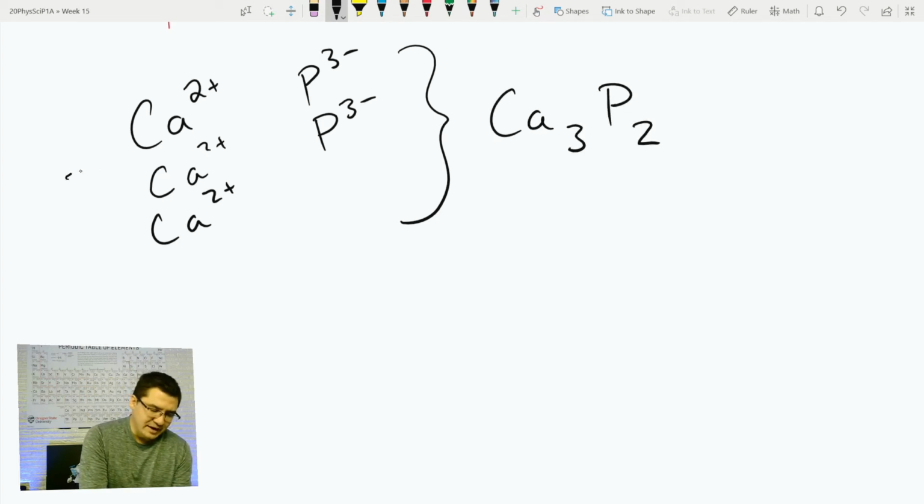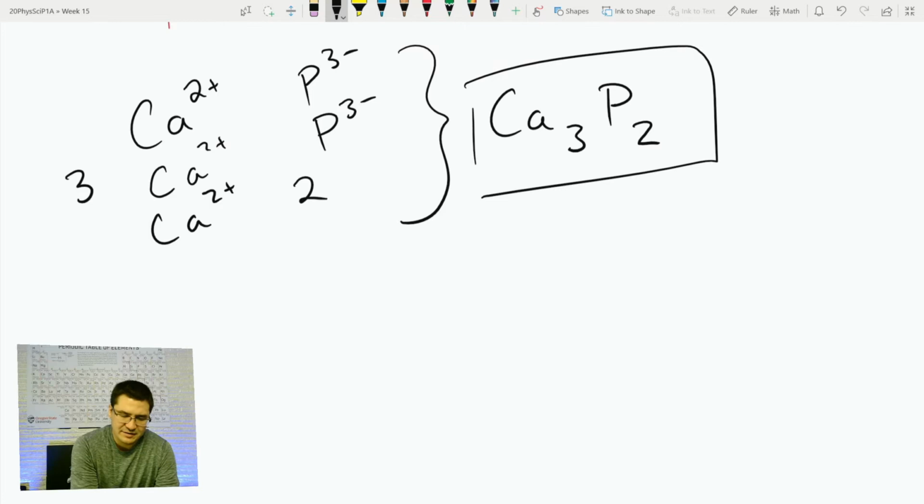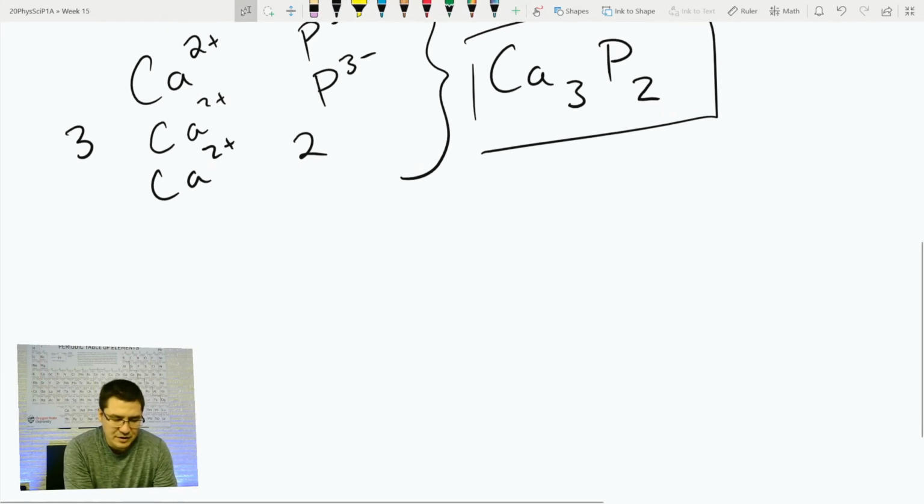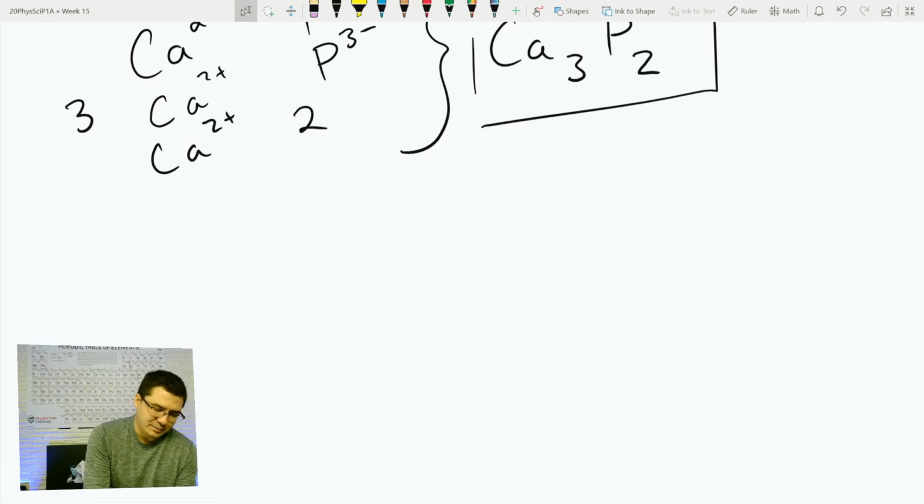What that means is I had 3 calciums and 2 phosphides, so my ionic compound is calcium phosphide, Ca3P2.